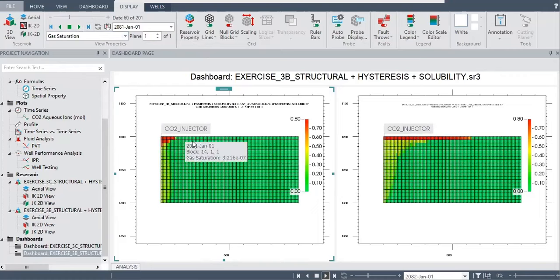Now on the left, the plume is shorter because you only inject 1 year and you have the constraint of the aquifer pressure. But we can inject more in the case of infinite aquifer because the pressure barely changes.